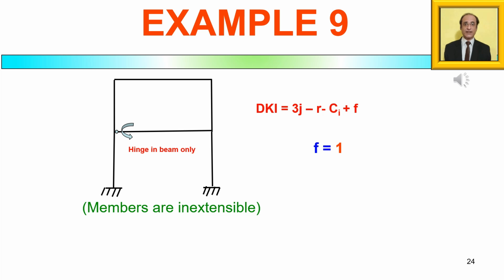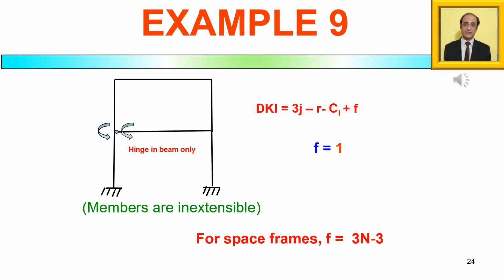So if we look at the particular joint where this particular beam is meeting, then there is 1 rotation representative of the beam and the other is for the joint consisting of the two column members. So you can yourself work out the final answer, which will be 7 in this particular case.